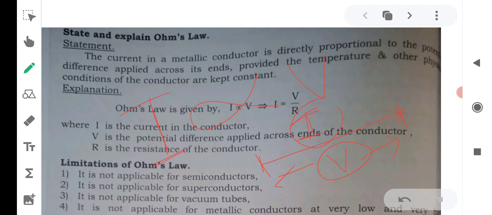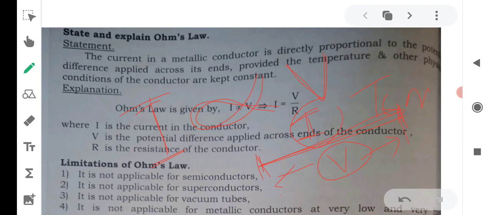But the condition is, provided the temperature and other physical conditions of the conductor are kept constant.